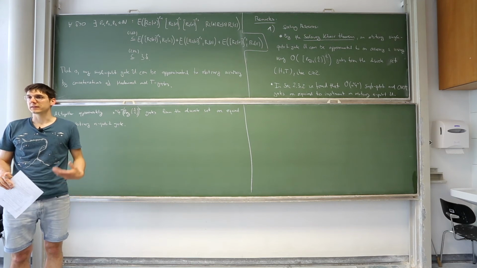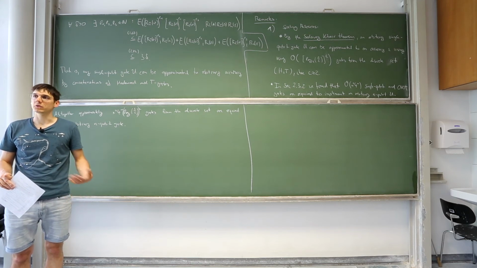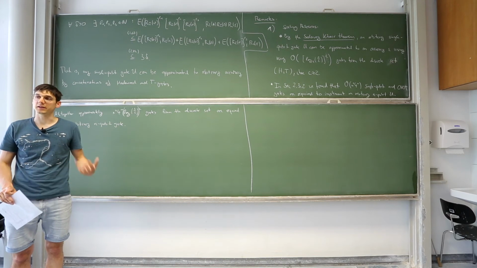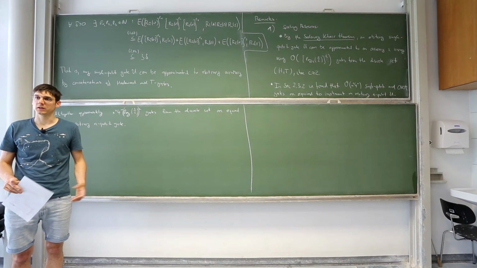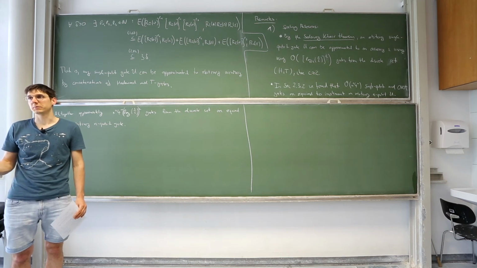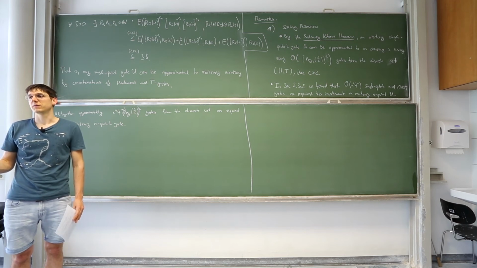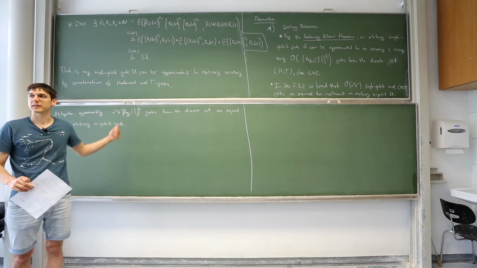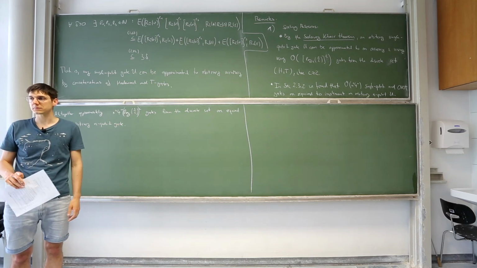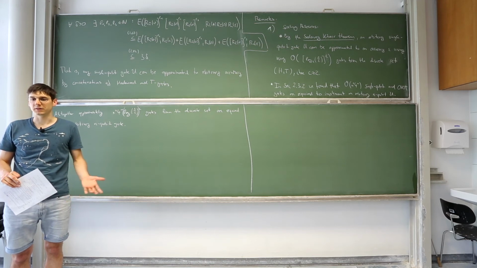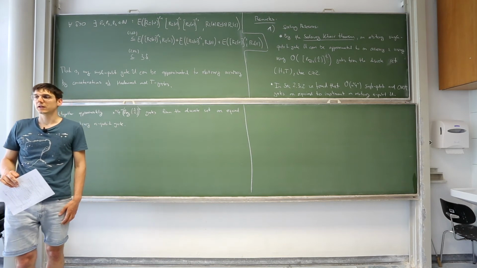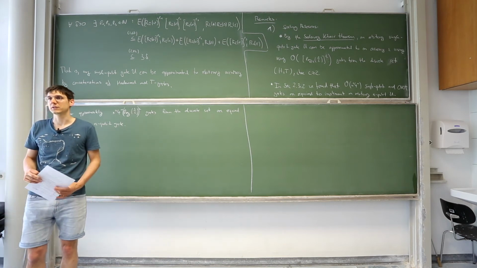But of course, the scheme that we used here is not the only way you can implement unitaries. This was just a general scheme. We ask, can we implement an arbitrary unitary? If you have a particular unitary in mind, it's possible that you can find a circuit which does not scale exponentially in n, but scales, for example, polynomially. And indeed, if we study quantum algorithms, we do need such a circuit representation.